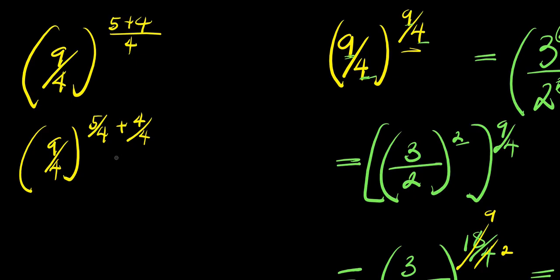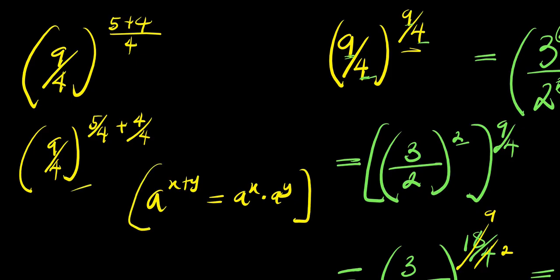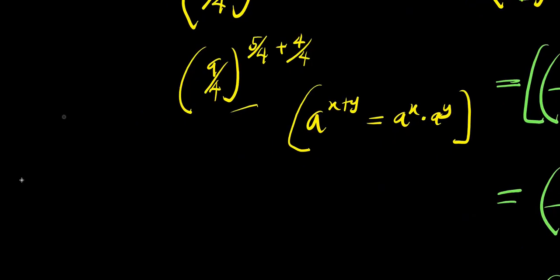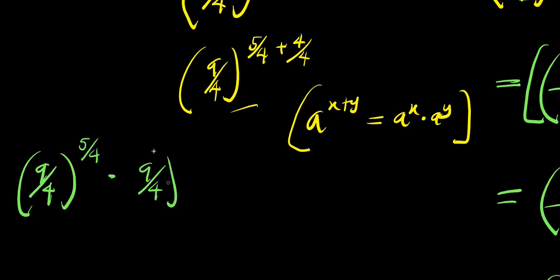So I'm trying to come up with another way of doing this. So from here, I can have, if you have a power x plus y equals a power x times a power y, right? So applying that here, that means I will simply have 9 divided by 4 power 5 over 4 times 9 divided by 4 power 4 over 4.